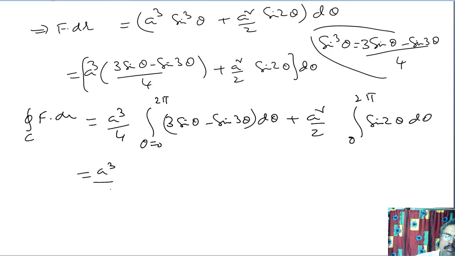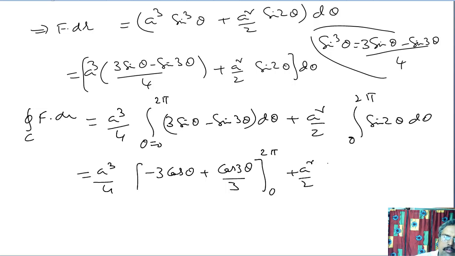That gives a cube by 4 into minus 3 cos theta plus cos 3 theta by 3 from 0 to 2 pi, and a square by 2 into minus cos 2 theta from 0 to 2 pi.